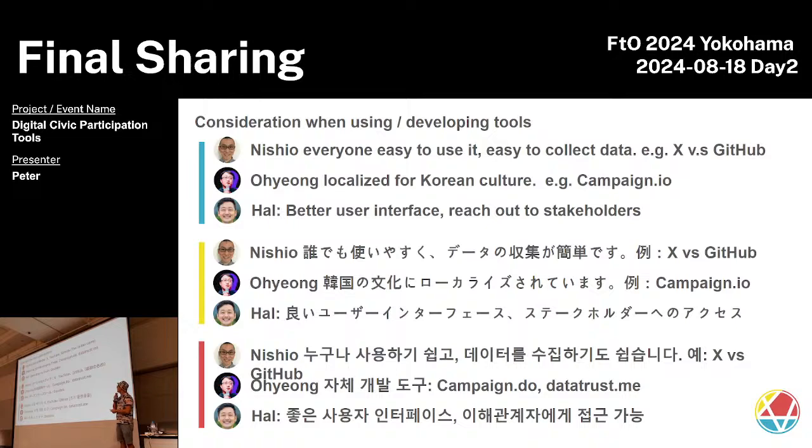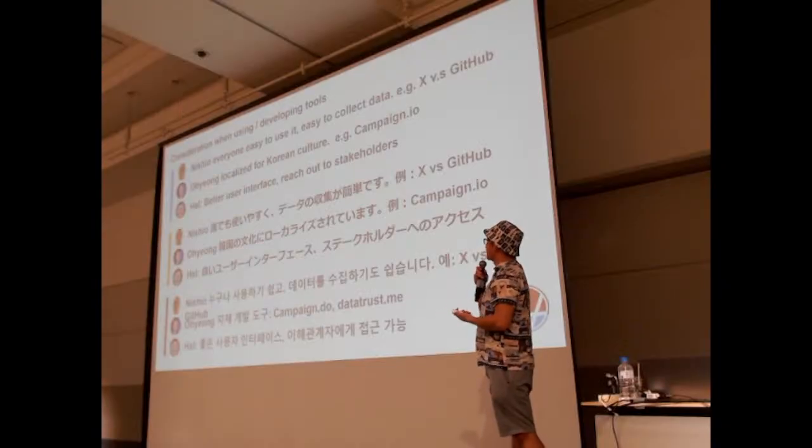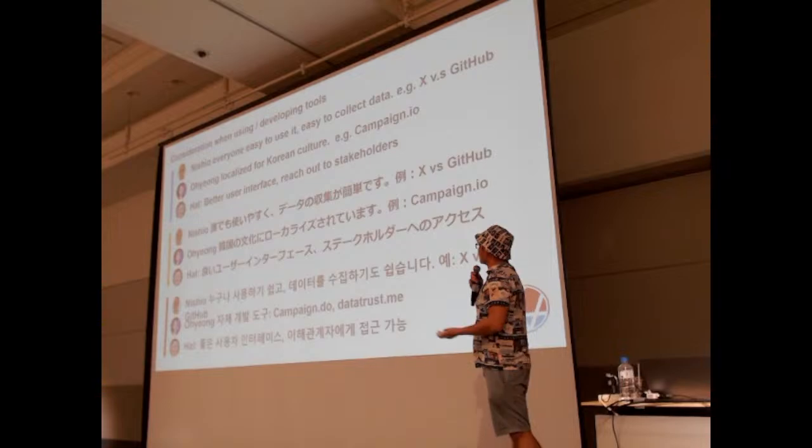For the considerations when using and developing the tools, for Nishio-san the most important is that it is easy for everyone to use. The tools for civic participation need to be localized and culturally considered.